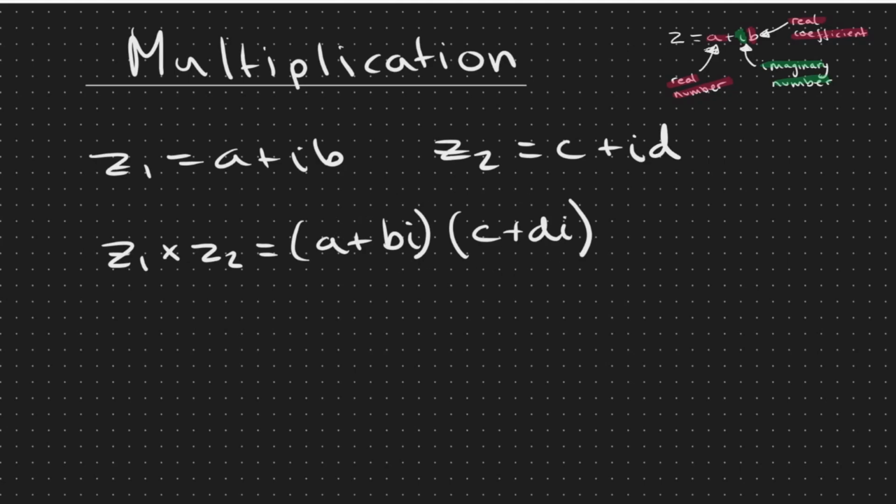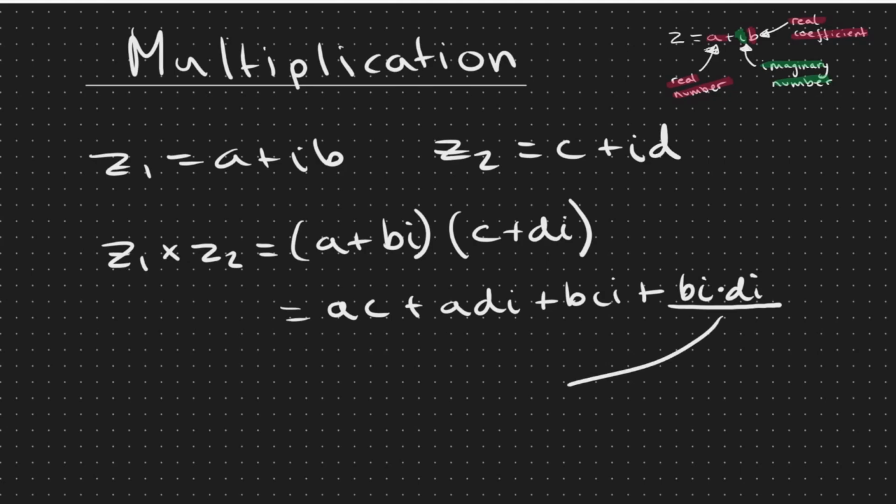So this would then be equal to ac plus adi plus bci plus bi times di. Now this is the part which is interesting. So how can we rewrite bi times di?